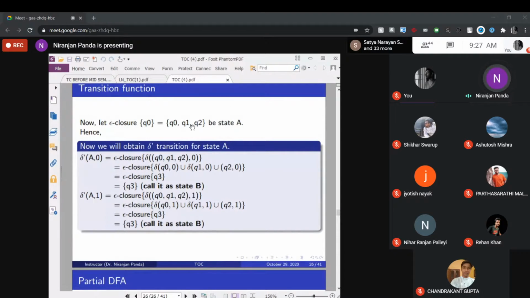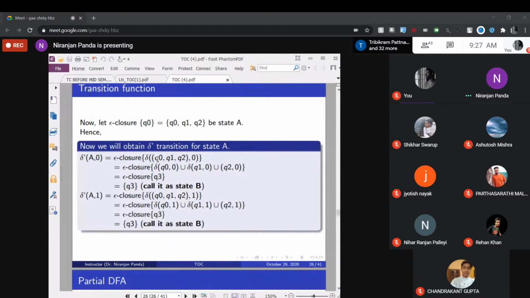If you haven't understood, understand here. I have the state Q0, Q1, Q2, and I have renamed it as A. You may not rename it; that is up to you. Then del dash of A, 0. What do I mean by that? I renamed Q0, Q1, Q2 as A. That means the epsilon closure of del of A comma 0, and A comma 0 means Q0, Q1, Q2 comma 0.